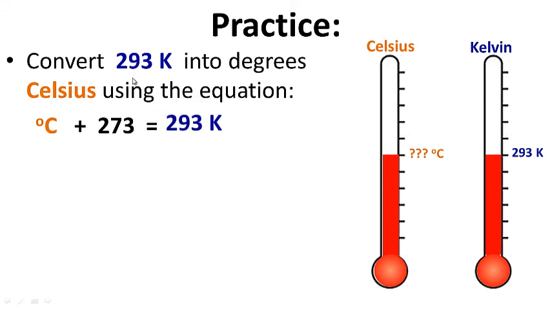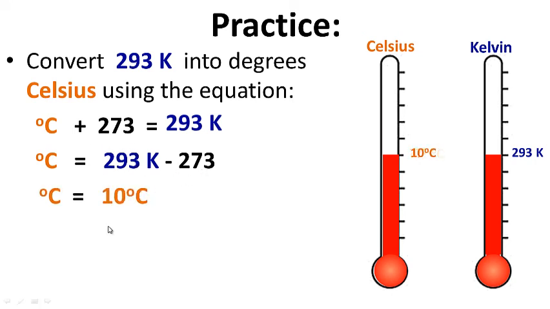Convert 293 Kelvin into degrees Celsius. So plugging in our 293 Kelvin, we get 293 minus 273, and we get 10 degrees Celsius, which makes sense. Because over here we have 10 degrees, and over here equates to 293 Kelvin.